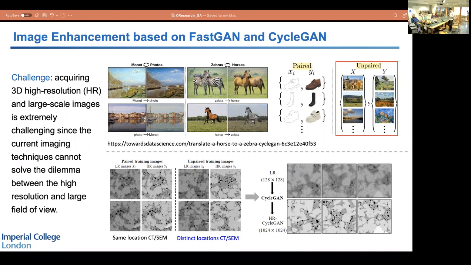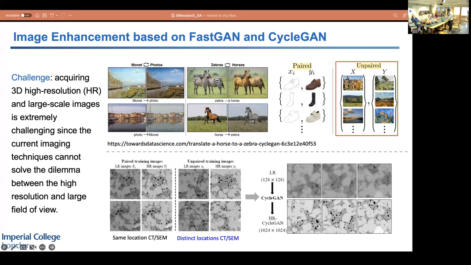It's quite challenging now. So here, to focus on this challenge, we propose a method based on machine learning, and it includes FastGAN and CycleGAN. FastGAN was just proposed, I think, 2 or 3 years ago, to numerically generate a lot of images based on the input, and we also use CycleGAN to construct the relation between the high resolution and the low resolution image.